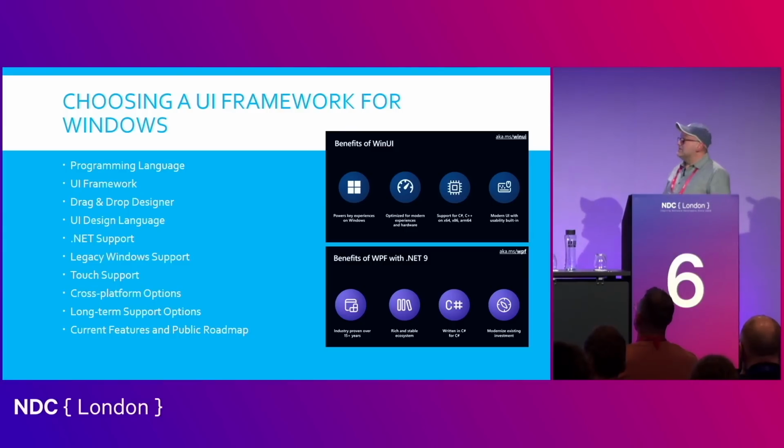Do you need legacy support with .NET Framework? Touch support, how important is that to you? Do you need to go cross-platform someday? Maybe you're starting on Windows, but you want to move to other mobile platforms in the future. And do the current features meet your current needs in that framework? WinUI is a really great choice, but they are still building that feature set out to match UWP.